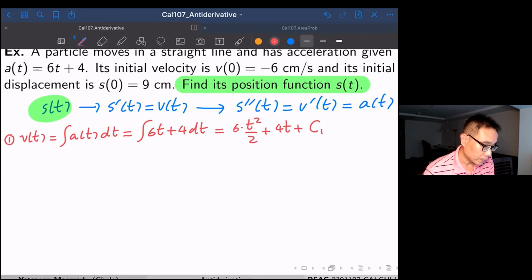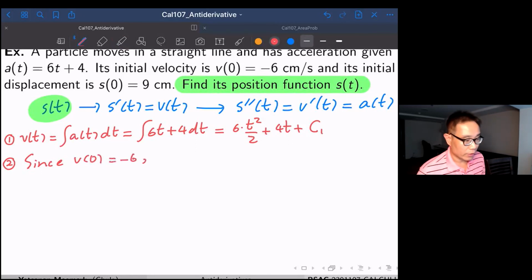So you get v(t) equal to this, and since v0 equals negative 6, you'll be able to find C1.